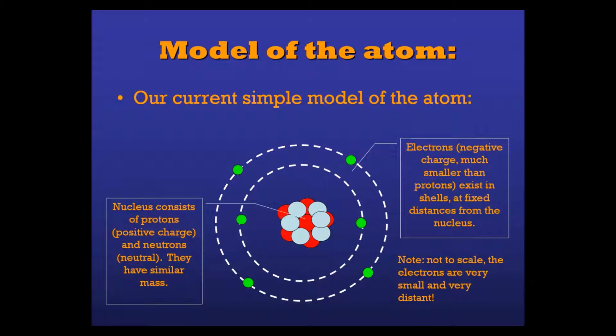So, going back to what you would have started to learn about in Year 8, we know that atoms are made of protons and neutrons, which are in the nucleus, and electrons, which are around the nucleus.